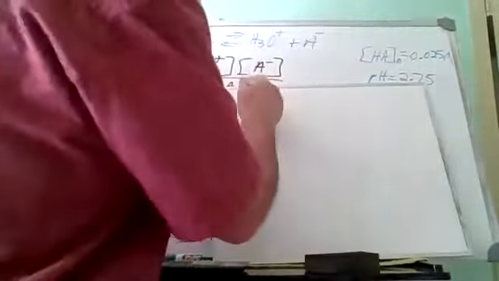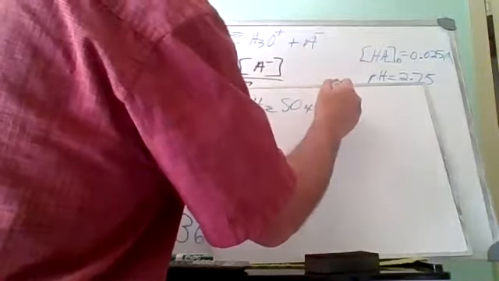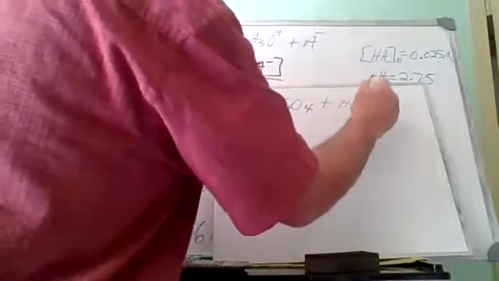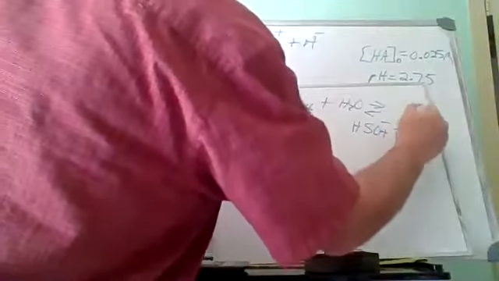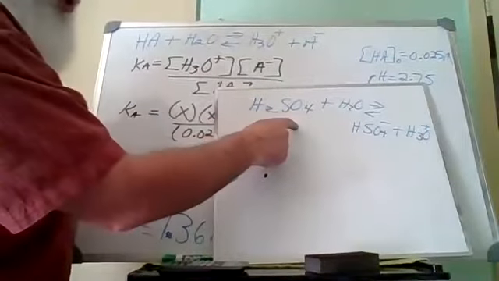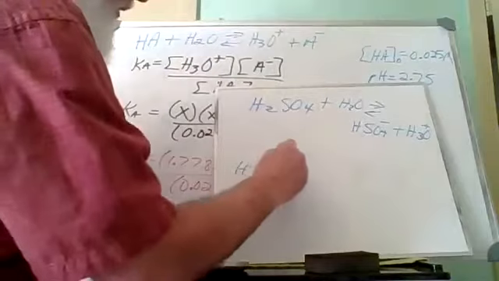So if I have H2SO4 plus H2O, it gives me HSO4 negative plus H3O plus. You have to write an equilibrium constant for this, and then you have to write an equilibrium constant for this.